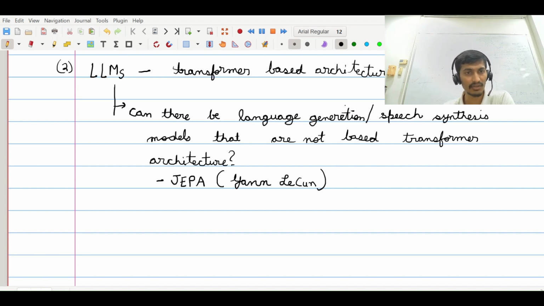Okay, so one natural question is, what is the transformer based architecture we are talking about?